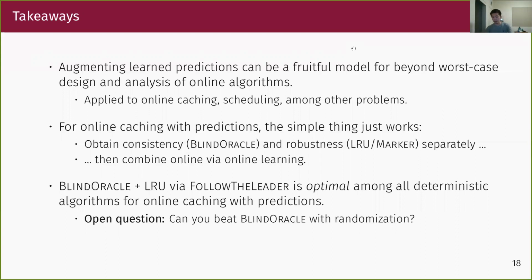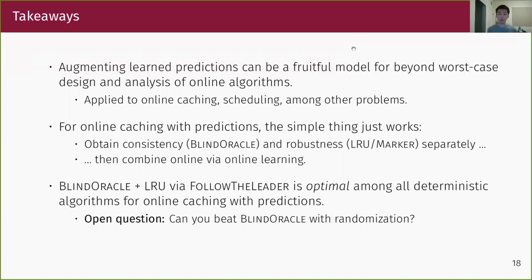And so this simple approach, despite how bare bones it is, actually has better theoretical guarantees than the more intricate approaches that have been explored to date. Also, somewhat surprisingly, the simple approach yields an optimal deterministic algorithm: combining blind oracle with LRU is optimal up to a constant factor for deterministic online caching with predictions.